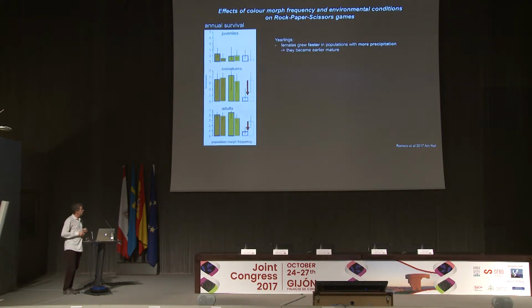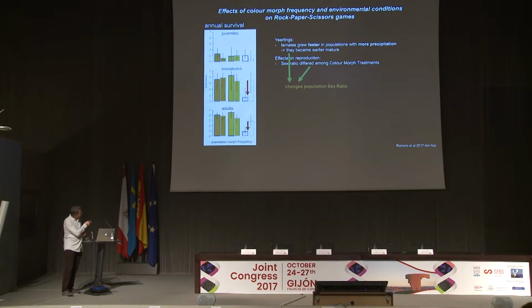However, there were more results. In yearlings, we found that females grew faster in populations with more precipitation. What does that mean? Well, that means that females became mature earlier. If we look at effects on reproduction, females produce different sex ratios, and there were sex ratio differences among color morph treatments.